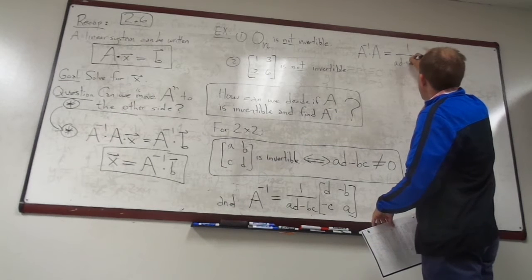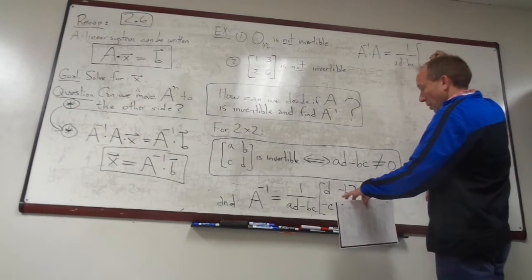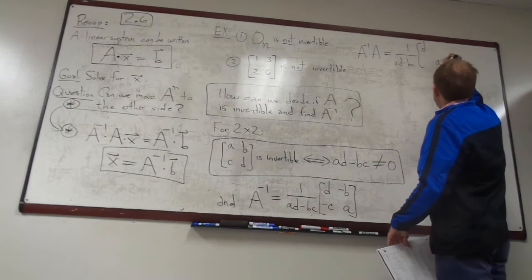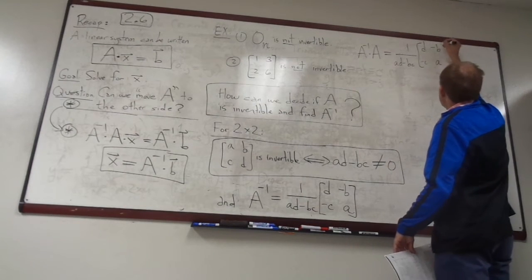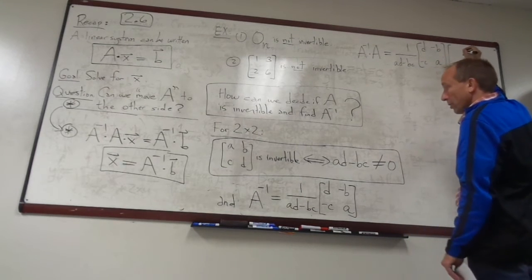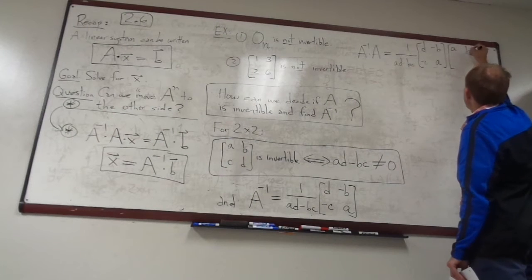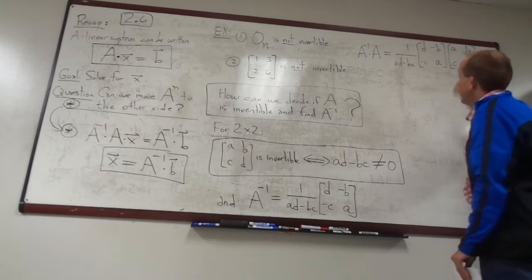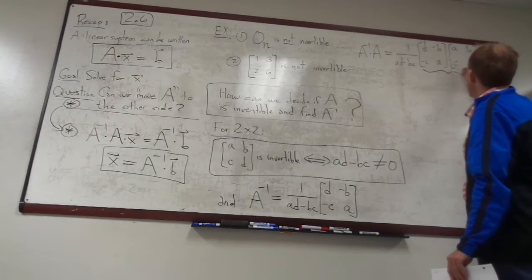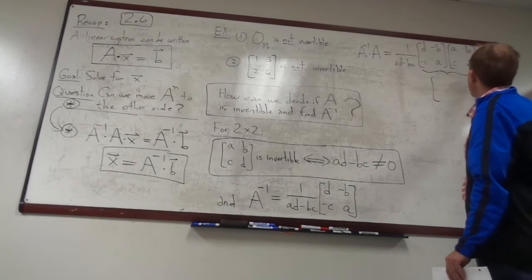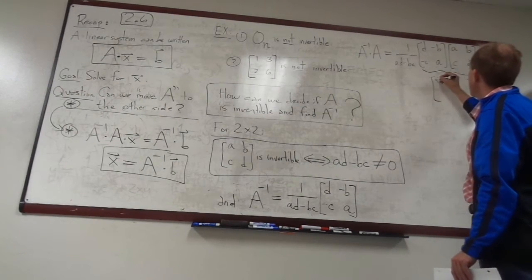So AD minus BC on the bottom, and we have D and A, and negative B and negative C. That's A inverse, and I'm going to multiply it by the original matrix, ABCD. If you just do this calculation of the product of these two matrices, look what you're getting. AD minus BC.